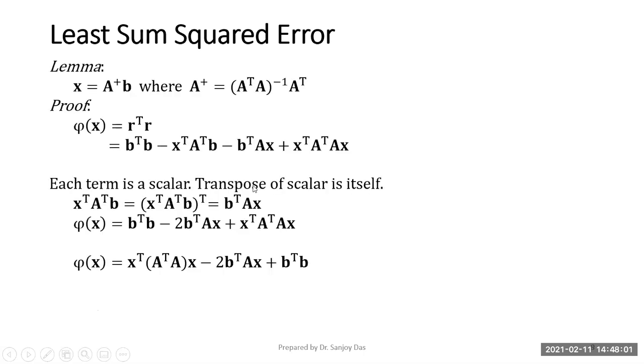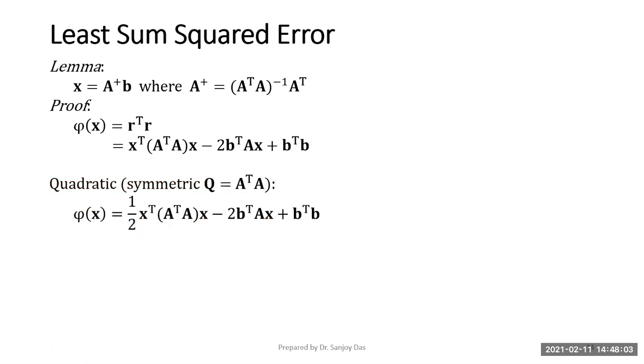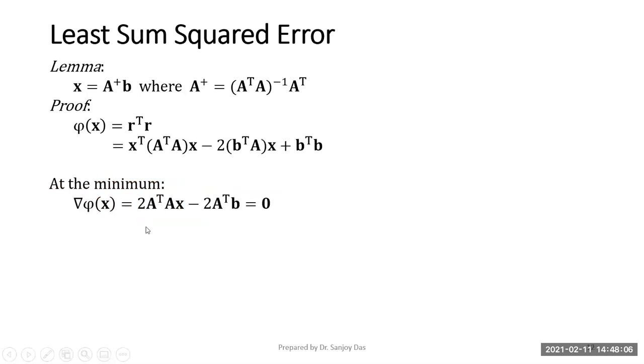But what we are seeing here is all that we have to do is pre-multiply both sides with A transpose and then solve it. Because now, once we have A transpose A here and A transpose B here, the number of variables, that is the dimensionality of X, will equal the number of rows in A transpose A. And so this is a straightforward linear equation that can be solved.